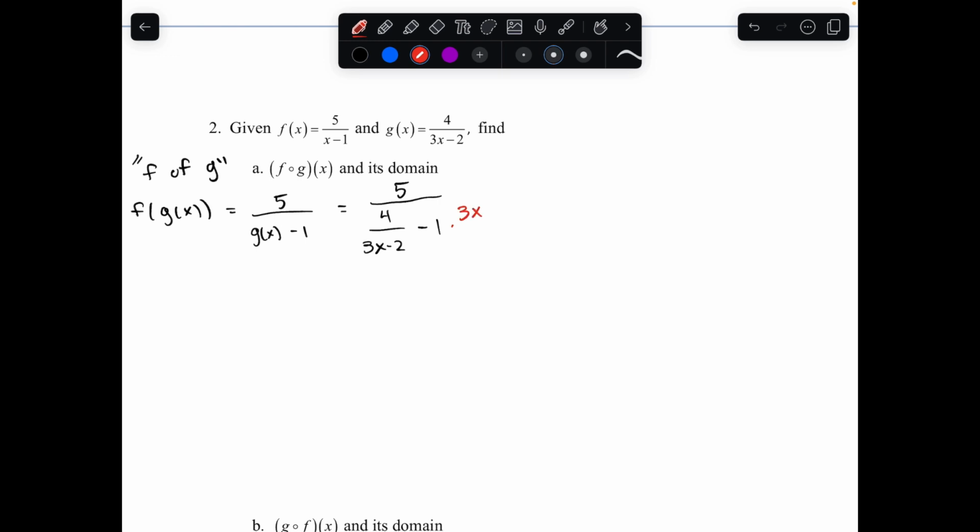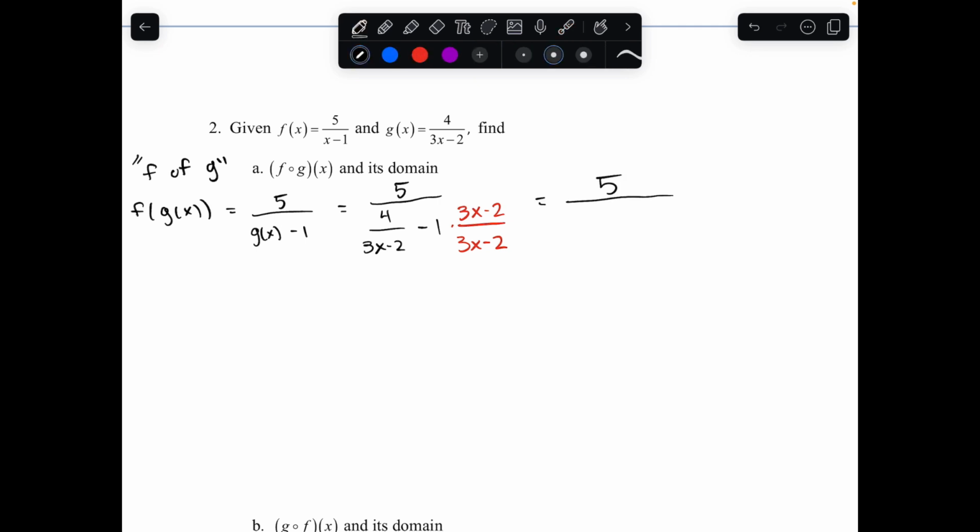So if I multiply by 3x minus 2 divided by 3x minus 2, I'm really multiplying by 1, so I'm not changing my equation in any significant way. However, I am making it look a little bit different, as in now, both of these pieces have a denominator of 3x minus 2. Since they have a common denominator, I can combine them.